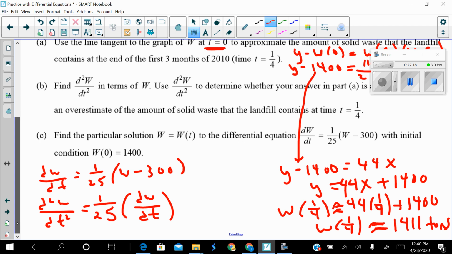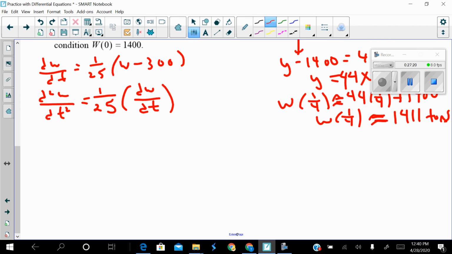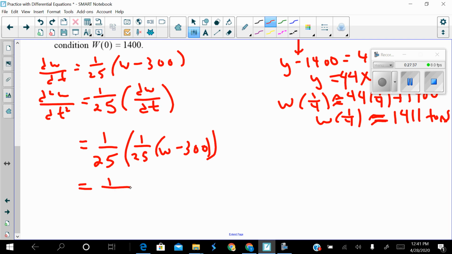They want the second derivative in terms of W. We can't leave it with a dW/dt in there. So now I need to replace the dW/dt. I need to substitute in for it. Remember, that was 1/25 times W minus 300. So the second derivative is 1/625 times W minus 300.